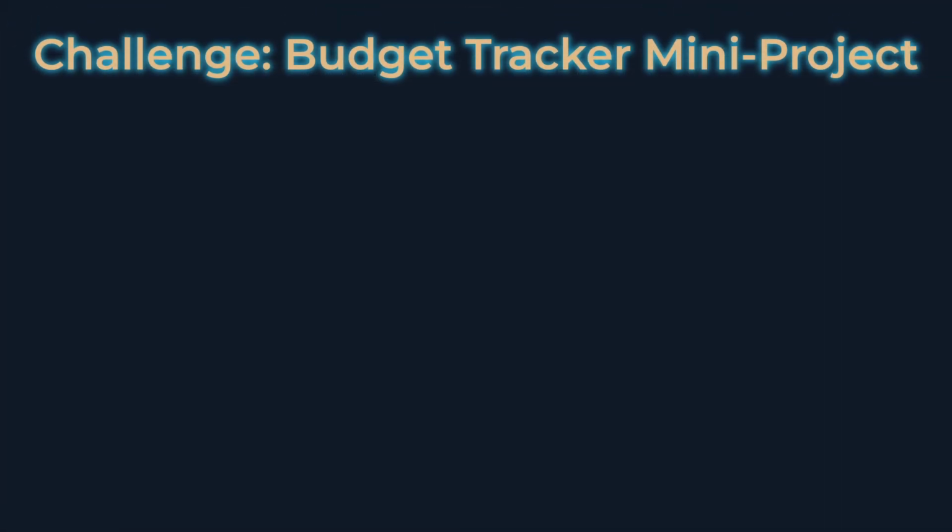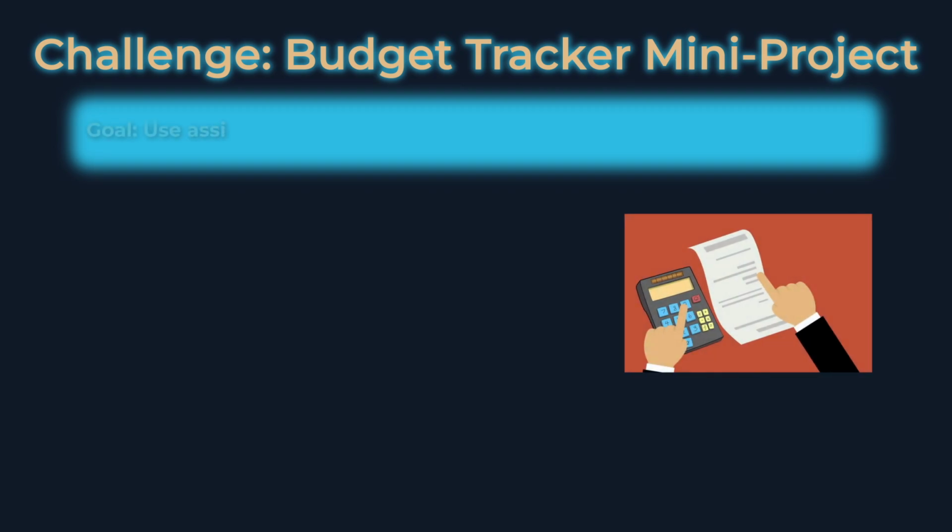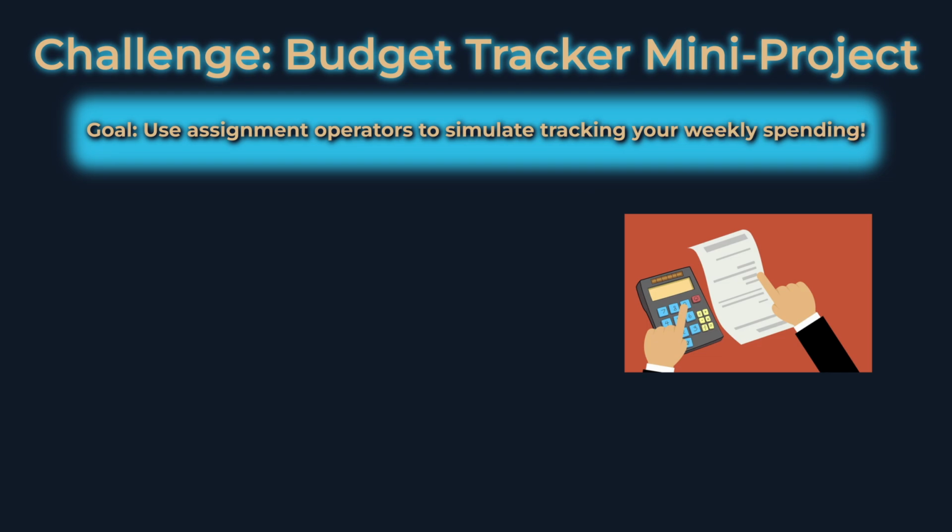Now it's your turn. Try solving the challenge and drop your answer in the comments below. I'd love to see how you approached it. Don't worry if it's not perfect, the best way to learn is by doing. It's a budget tracker mini project. The goal is to use assignment operators to simulate tracking your weekly spending. Here are the instructions. First, you start with a budget of $100.